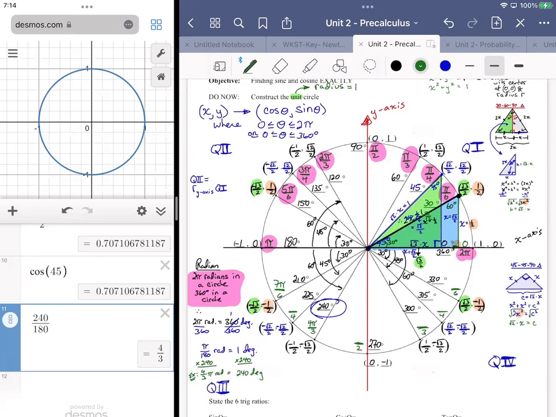In the second quadrant, you see in each case, the numerator is exactly 1 less, in terms of the coefficient, than the value in the denominator, right? So the coefficient in the numerator is 1 less than the denominator.